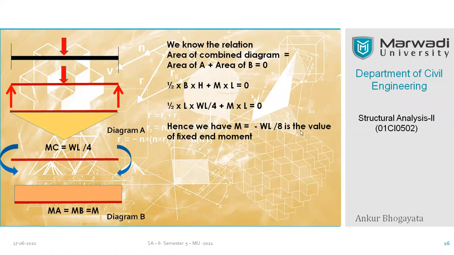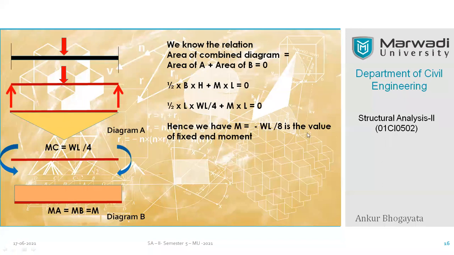So here in this case, on one end, you can say that this is the anti-clockwise moment. So we'll call this positive, and this is clockwise moment. So we'll call it negative. Right. So the value doesn't change, only the change in the numerical sign that you have to take care.